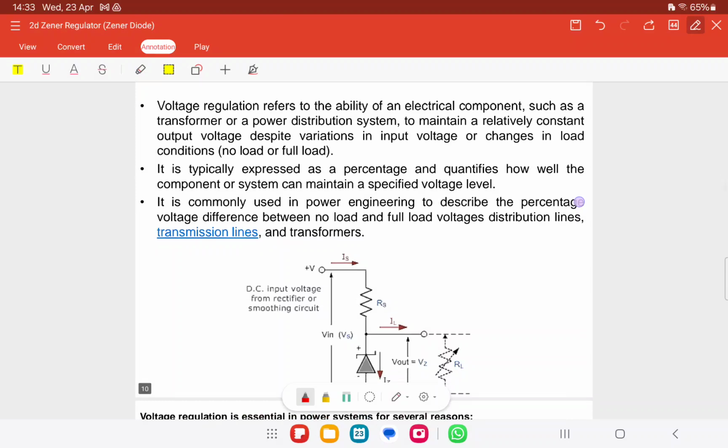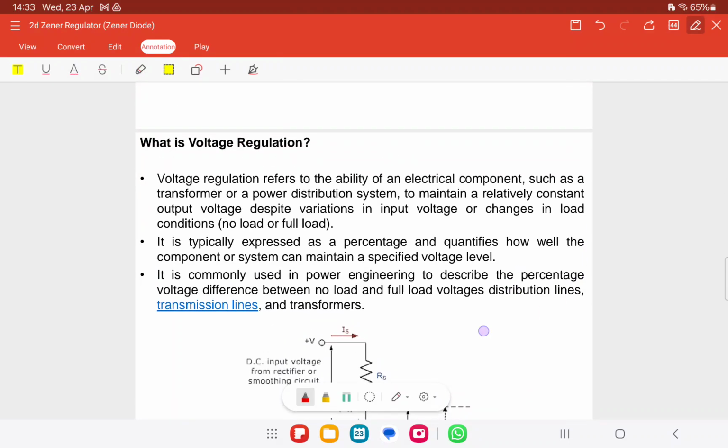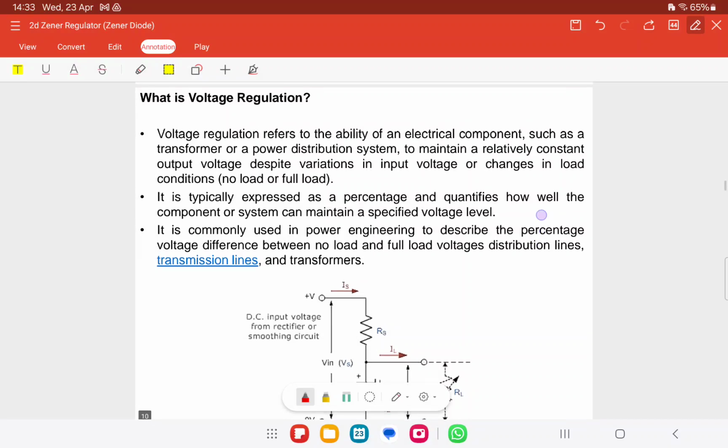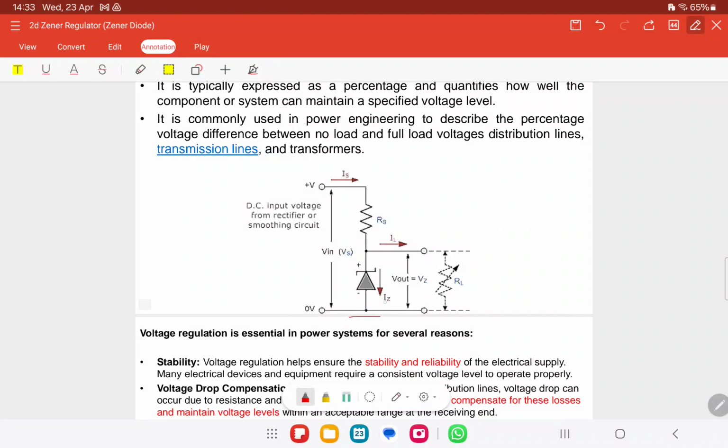Okay, for voltage regulation, it is already in the slides, the voltage regulator. This is the Zener diode application in the voltage regulator. For the Zener diode, the circuit is actually simply like this.